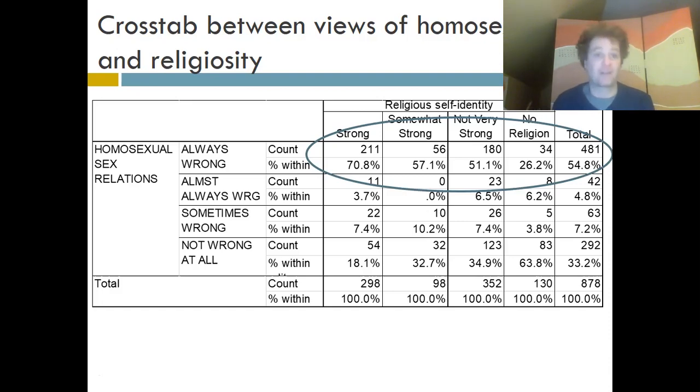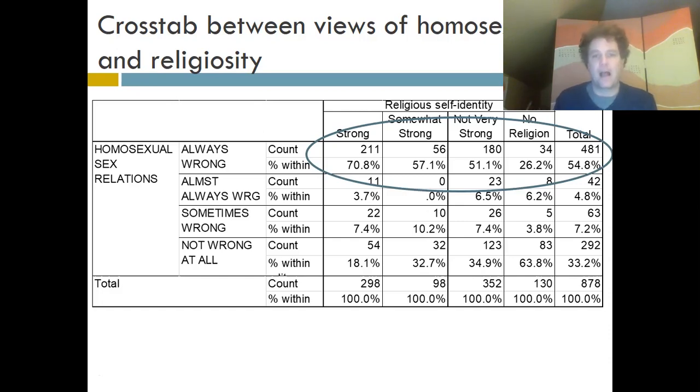So you can look at the numbers. I'll give you a little bit of time to look at it and see what the percentages are. But I think the answer is pretty clear.